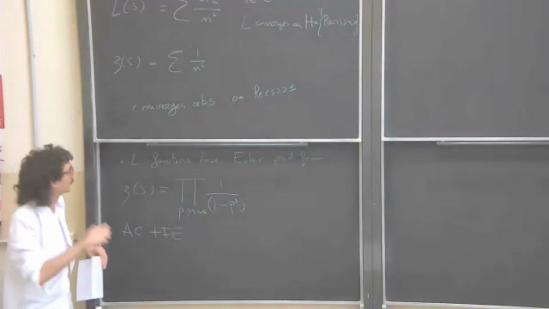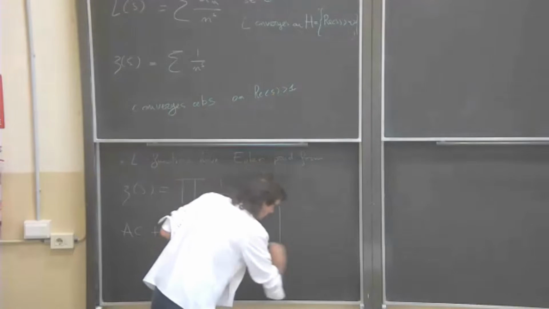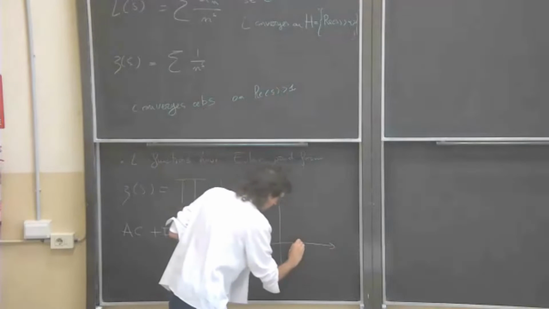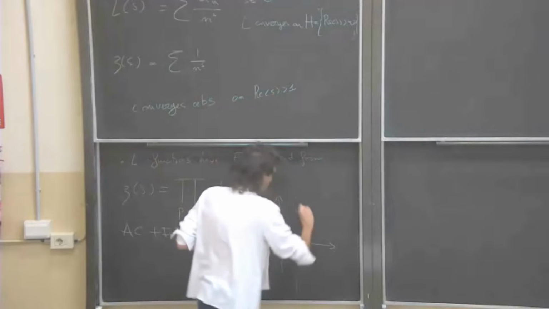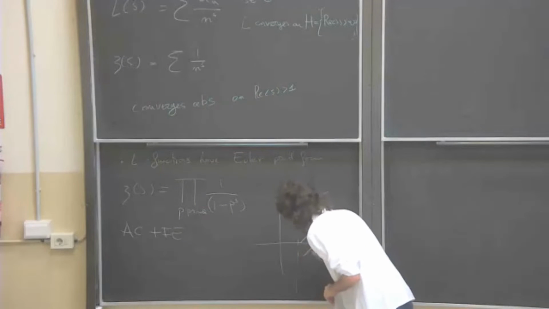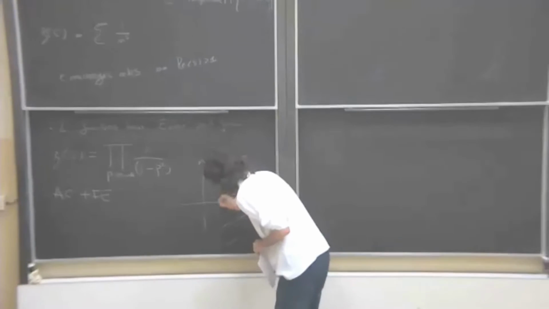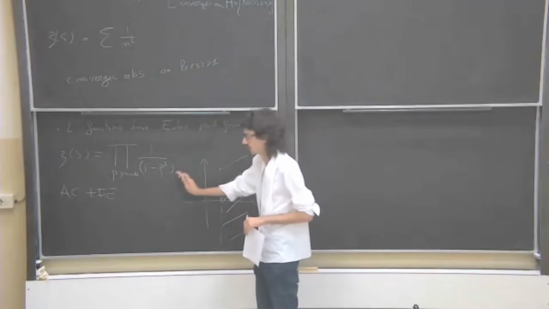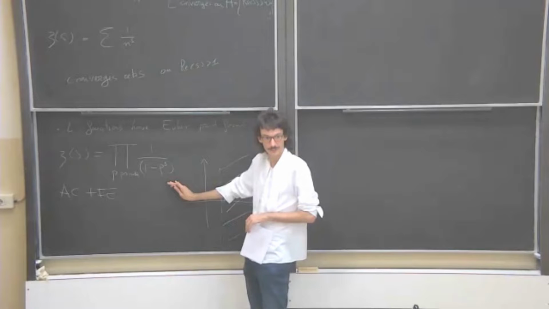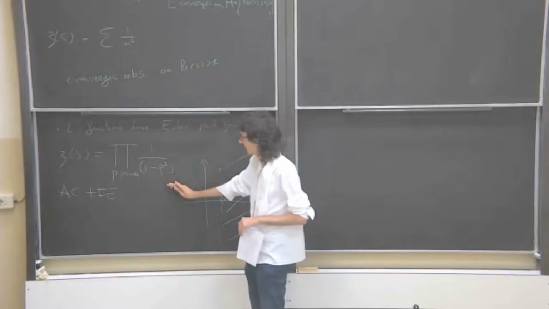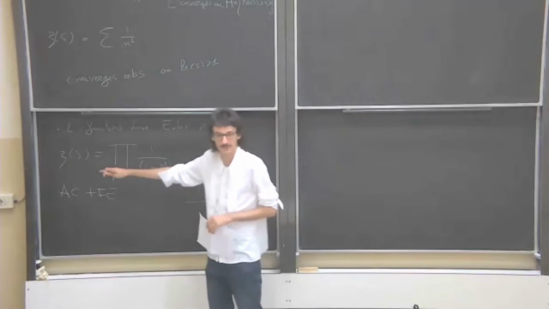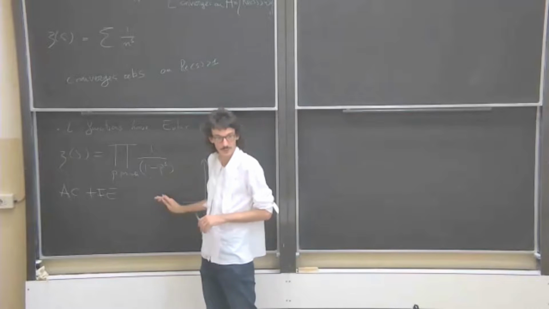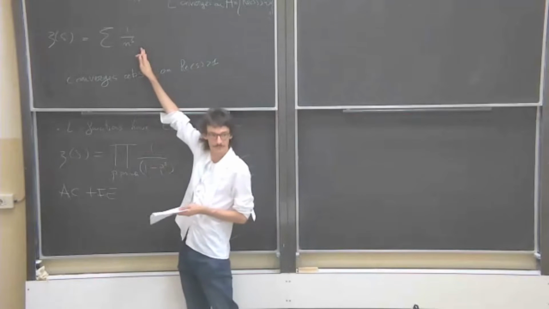So the idea is we have our zeta function defined over here with a pole at 1, and we would like to talk about what happens on this side of the plane. And to do so, we need to find a formula to define zeta of s here, which is not going to be this one, of course.